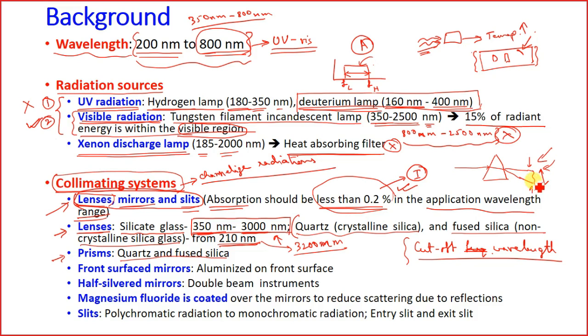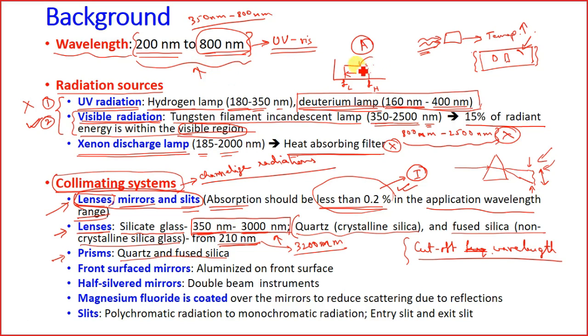Okay, so why do you need that? Because in spectrophotometry you have many wavelength radiations. Over here, if you see 200 nanometer to 800 nanometer, it is quite a long range.